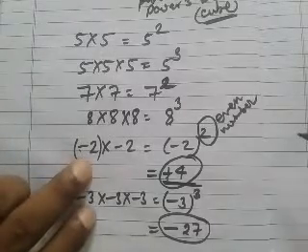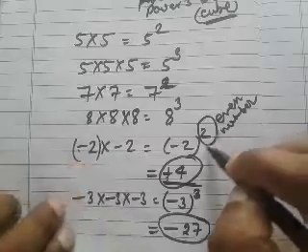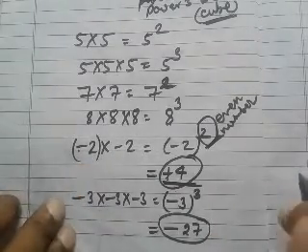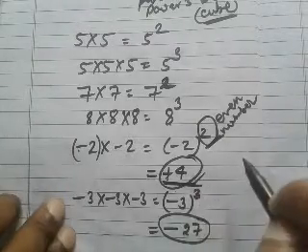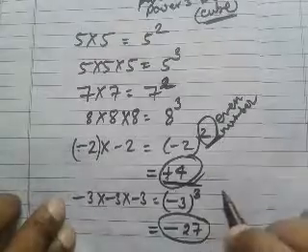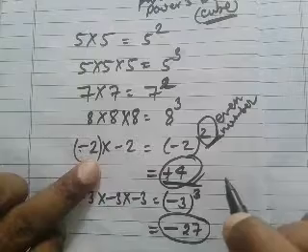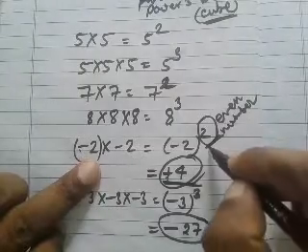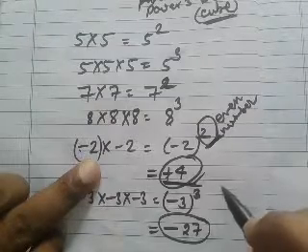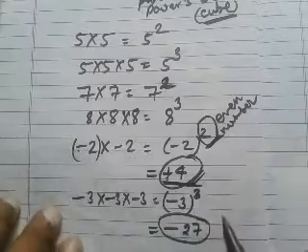If a negative rational number is raised to an even power, we get a positive result, because -2 is a negative number and its power is an even number, so we get a positive answer.